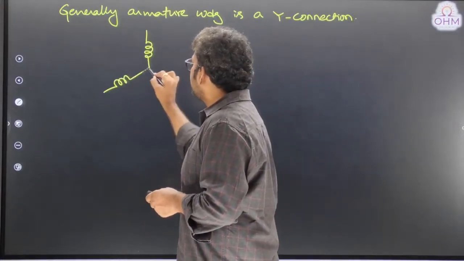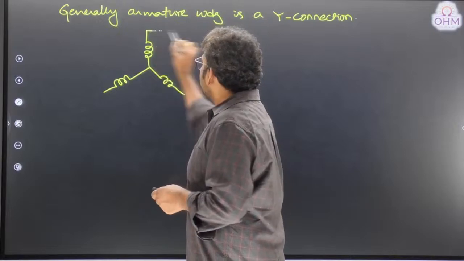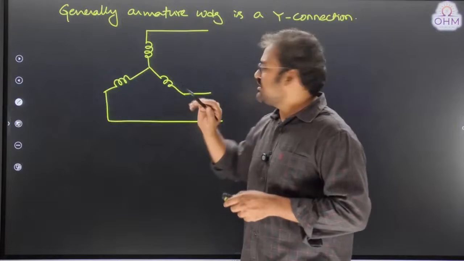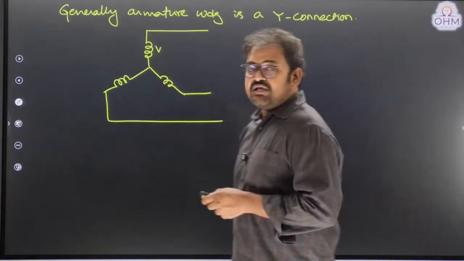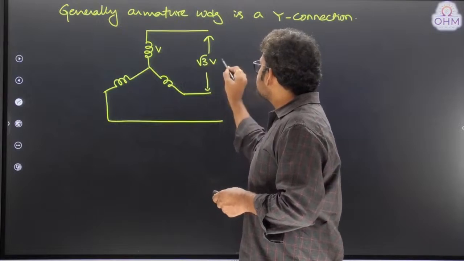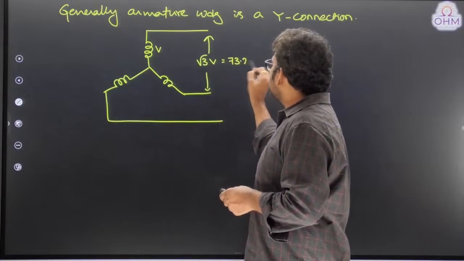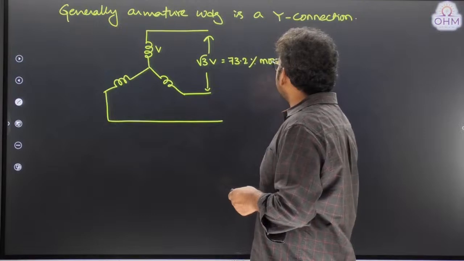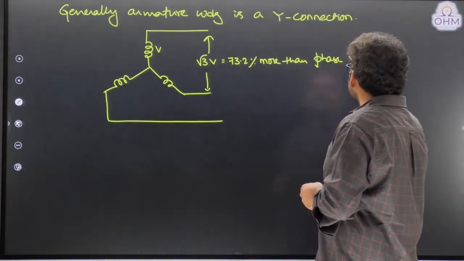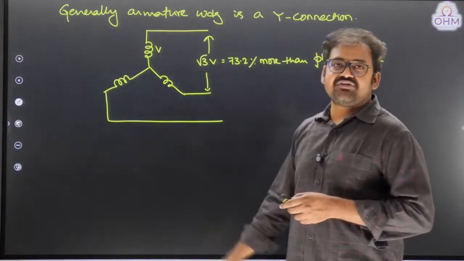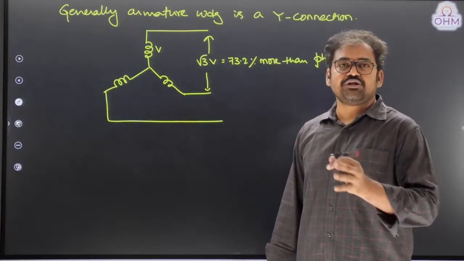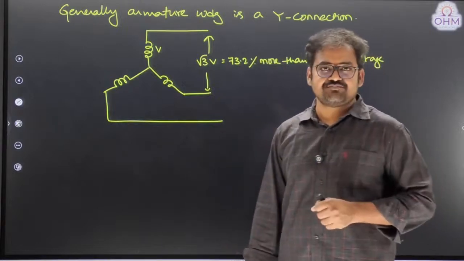First advantage is, if each winding was able to generate a voltage of V, then the line voltage will become root 3 into V, which is 73.2% more than phase voltage, because we know root 3 is nothing but 1.732. Therefore, line voltage will be 73.2% more than phase voltage.